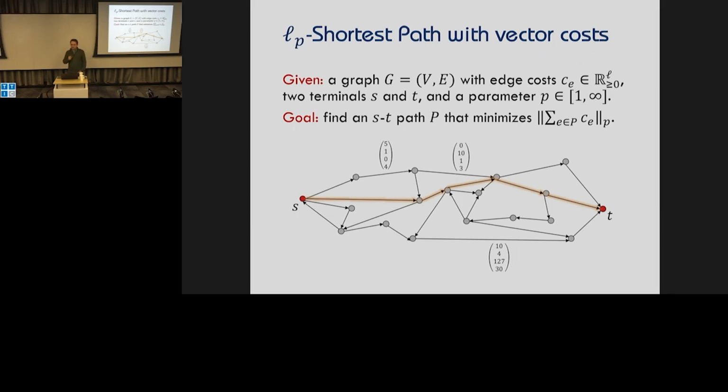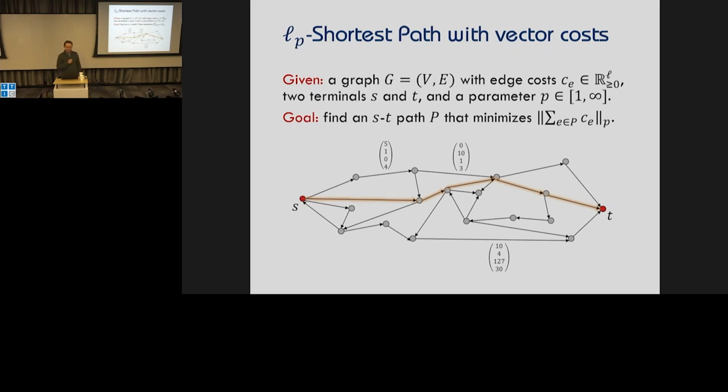Let's say that all costs c lie in L-dimensional space. Importantly, we are going to assume that all cost vectors have non-negative coordinates. As we will see later, if some coordinates are negative, the problems become too difficult. So basically, we cannot do much for it at all.